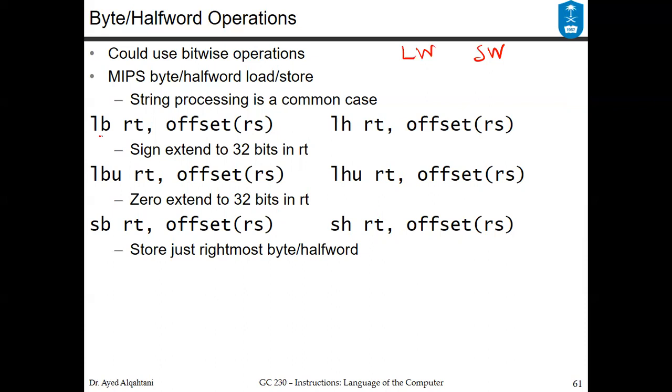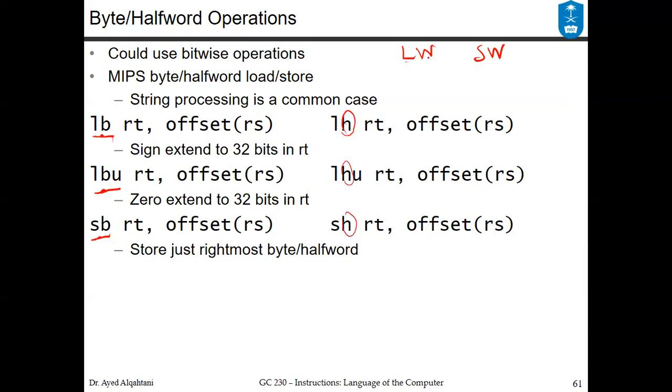We have load byte unsigned, and store byte. And they work the same as we described the load word and store word. But now this is for byte, and this is in case you want to be unsigned, and this is for storing. Similarly, you have 3 more instructions, but now for half a word.